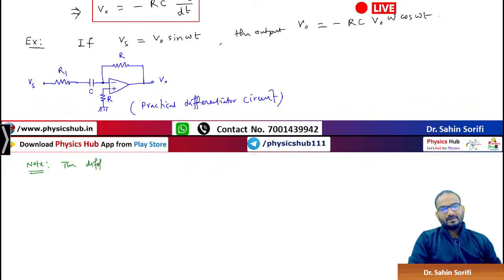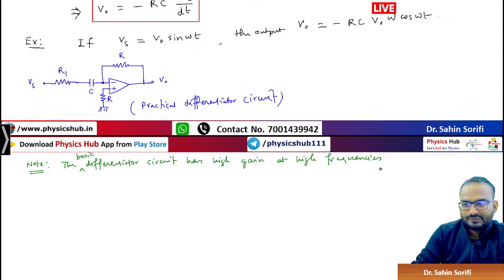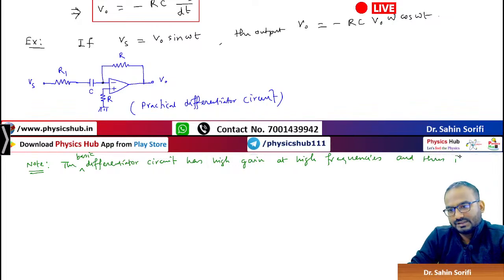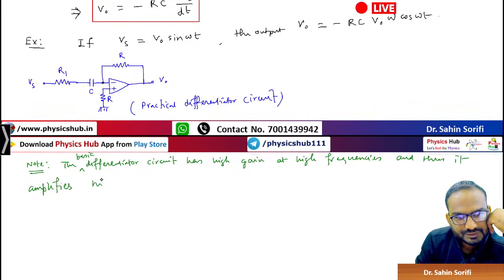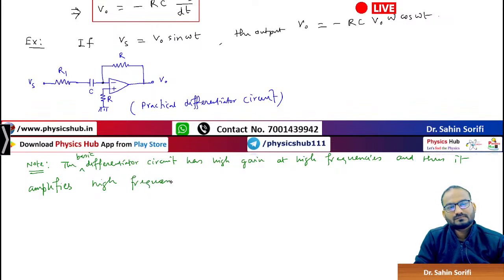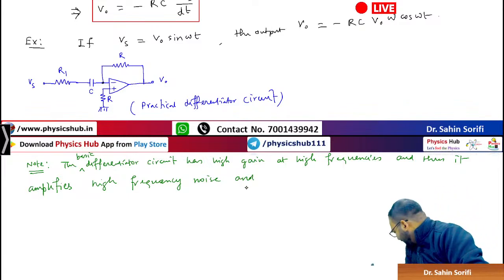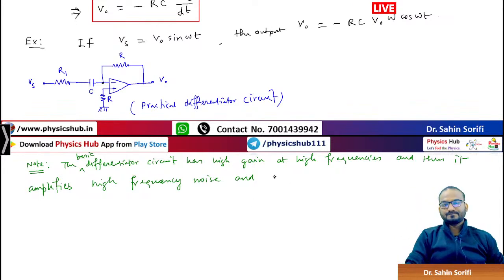The basic differentiator circuit has high gain at high frequencies, and thus it amplifies high frequency noise and switching spikes.